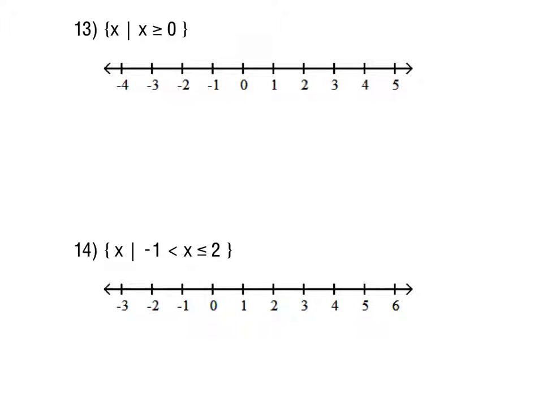Let's see, so we have a bracket at 0, and we are going to the right because we're looking at the values that are greater than or equal to 0. And then 14 is that three-part inequality, so we have a parenthesis at -1. And a bracket at +2, and then it's the stuff in between there, so from -1 to +2.